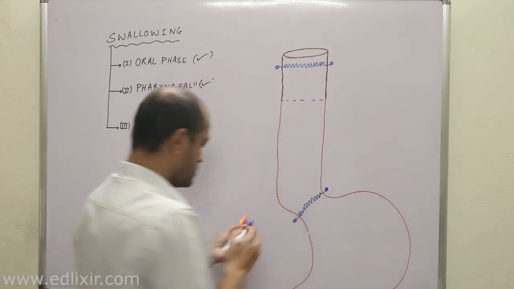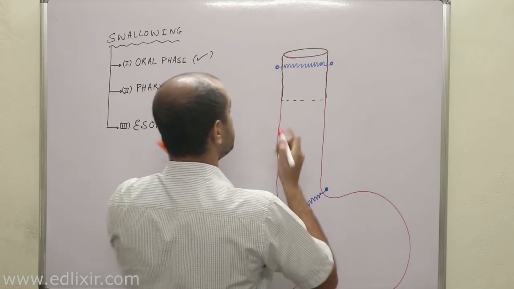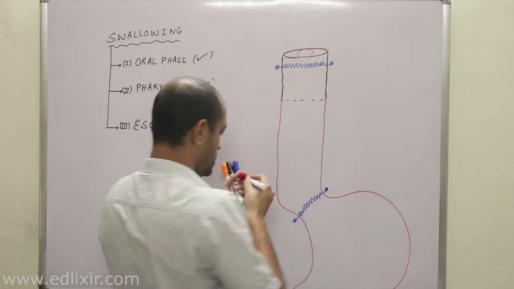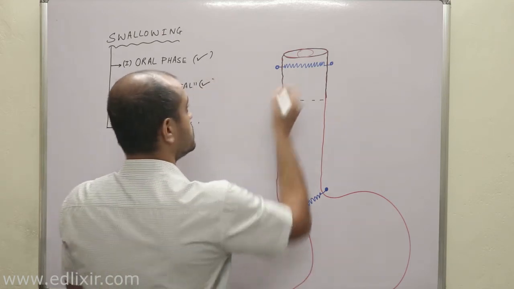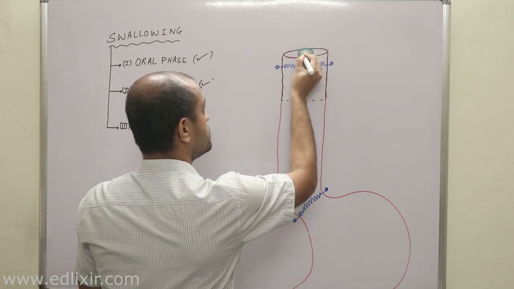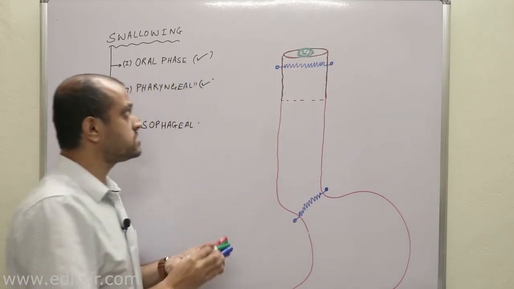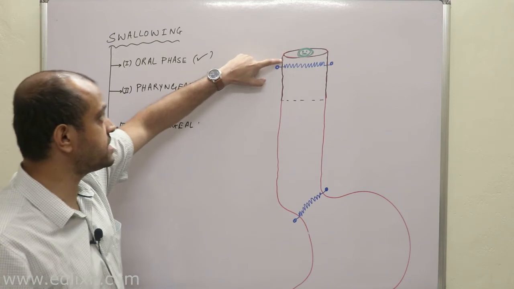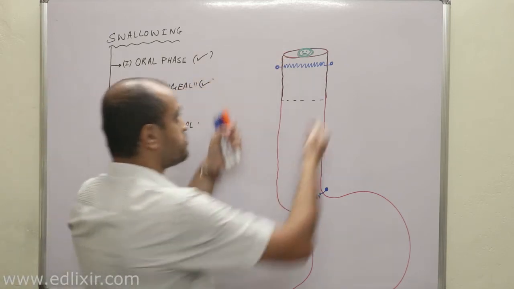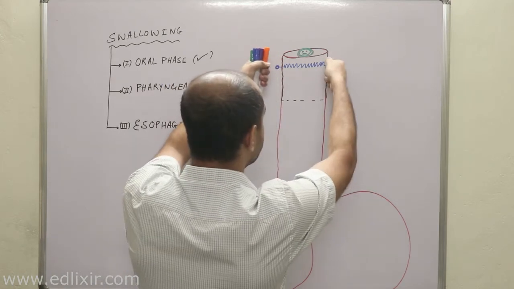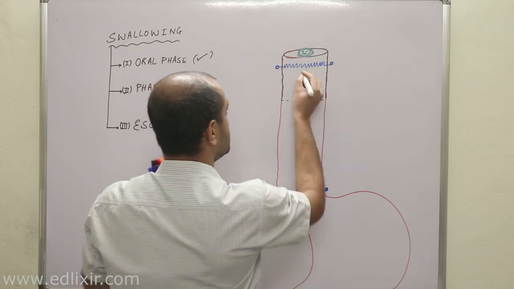Now listen. Suppose the food bolus has entered here. Let me draw the food bolus with another color so that you can understand. Suppose the food bolus is entering here. Now, when the food bolus is entering this area, the spring will relax and let the food bolus enter here.